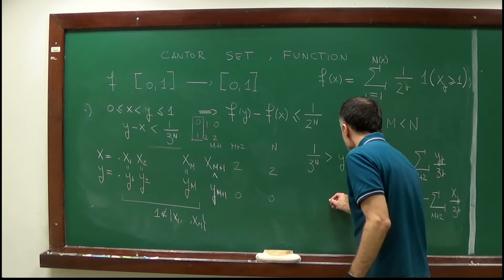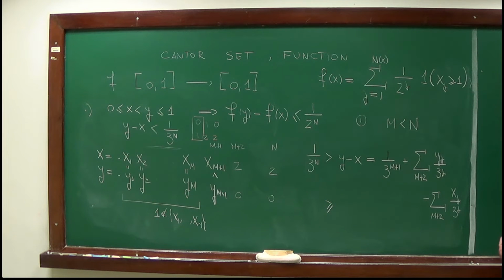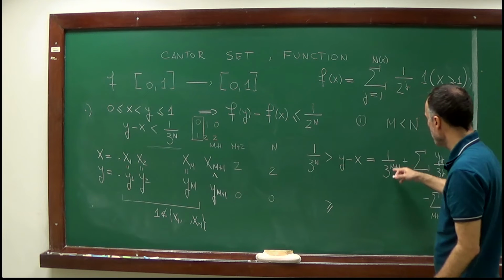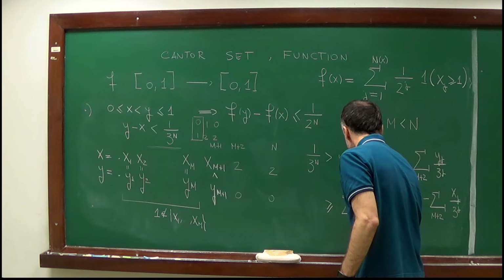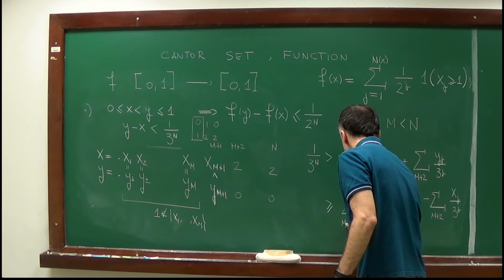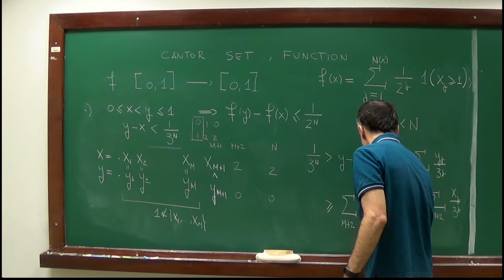Now I want to bound that from below, and I will say, well, let me just forget about these y_j, and let me write this expression 1 divided by 3 to the power m plus 2 as the sum starting from m plus 2 of 1 over 3^j.